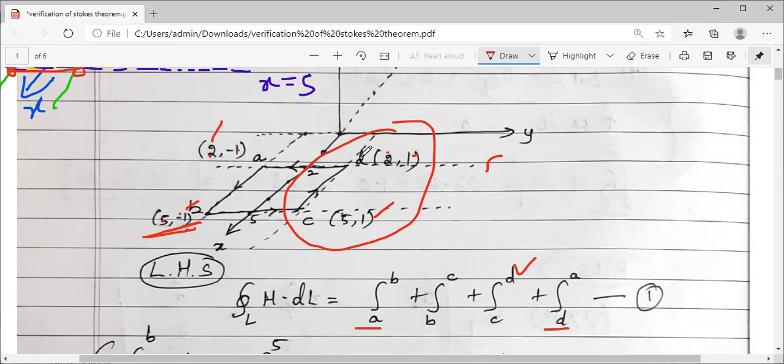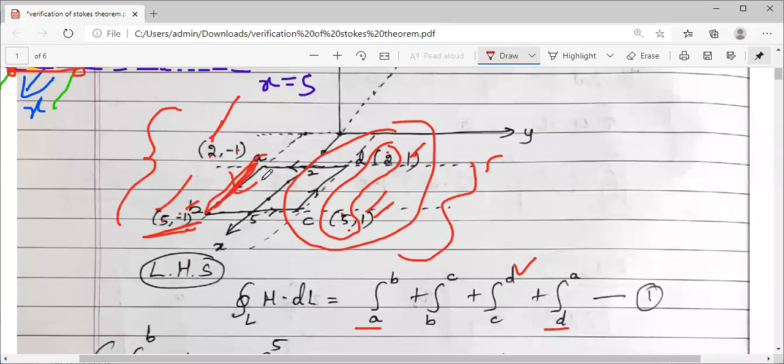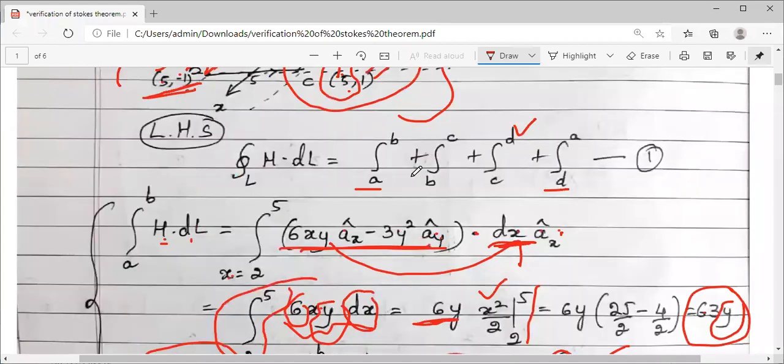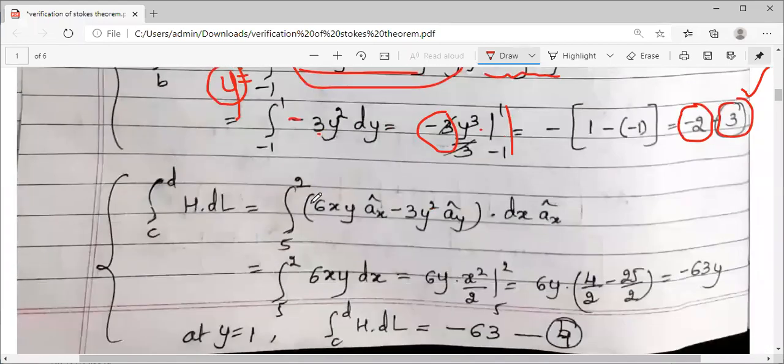Now for CD, can you see which one is varying? x goes from 5 to 2, but the y coordinate is 1 for both. So again in CD the variable is x, just like the AB line. In the AB line also the variable was x only, y was constant. But check the values. There the limit was from 2 to 5. Now the limit is 5 to 2. Directions are opposite. You should make sure that it is not 2 to 5, it is 5 to 2.